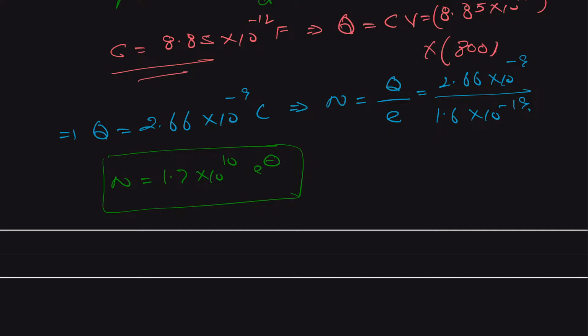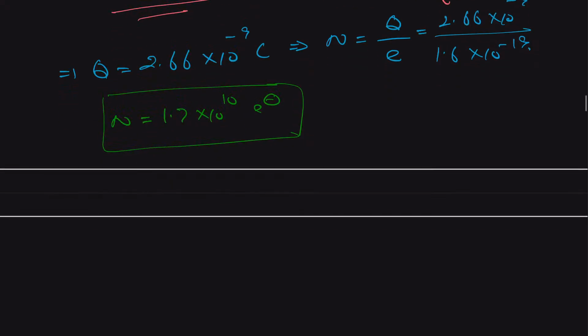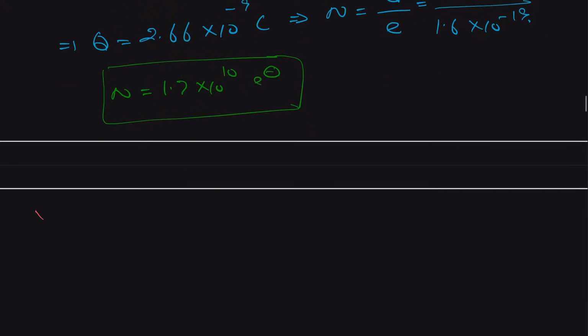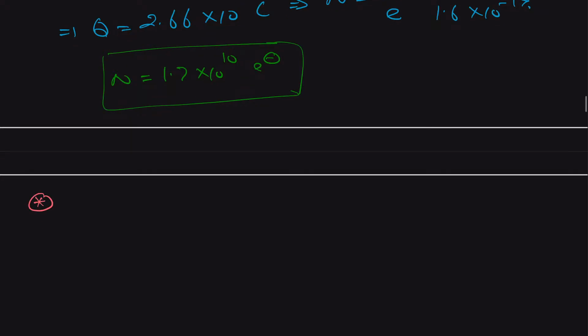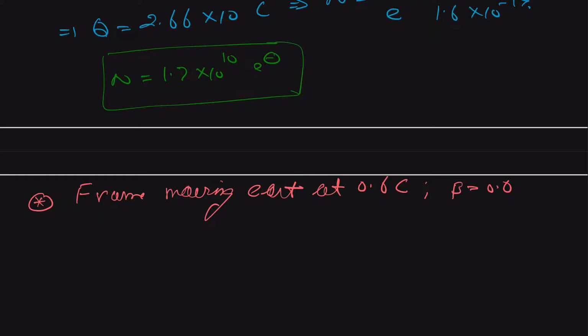In the first part of B, it is given that the moving frame is moving east at 0.6 times c. Therefore, from here we can write that beta is equal to 0.6.